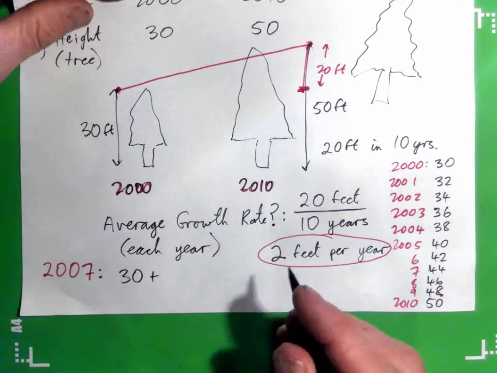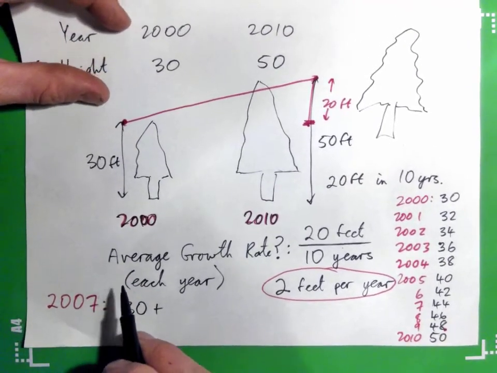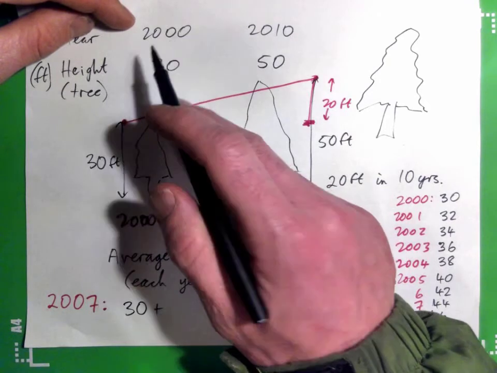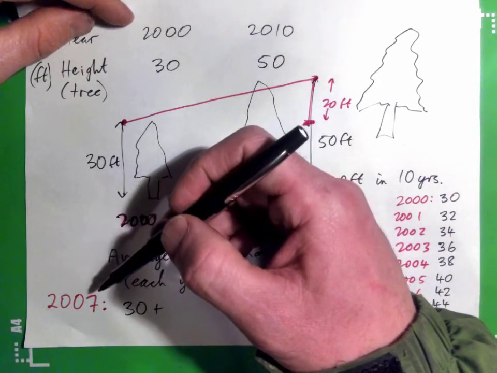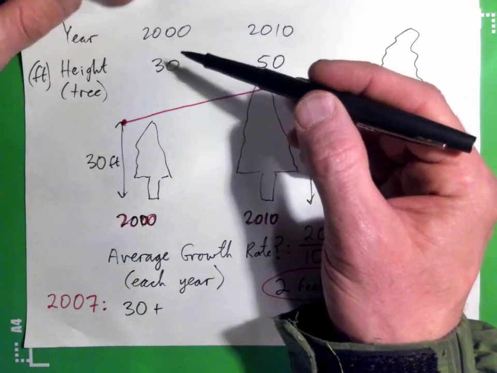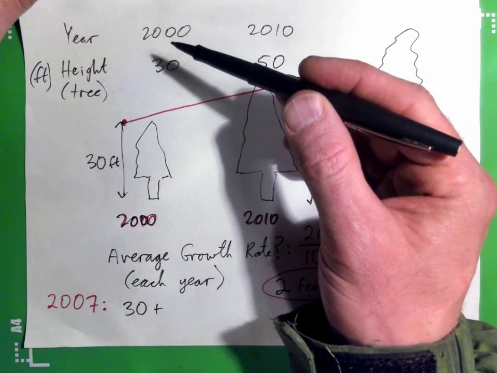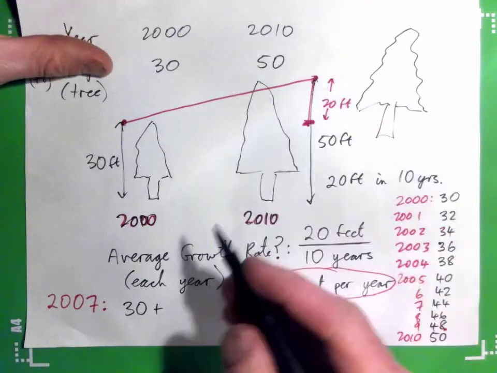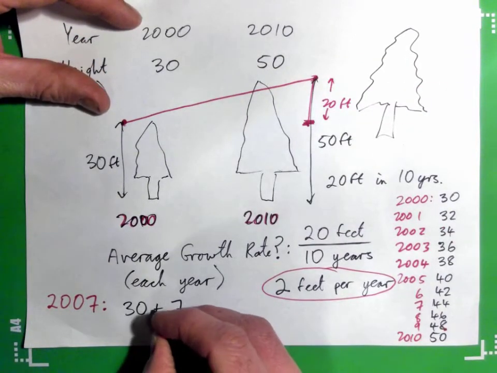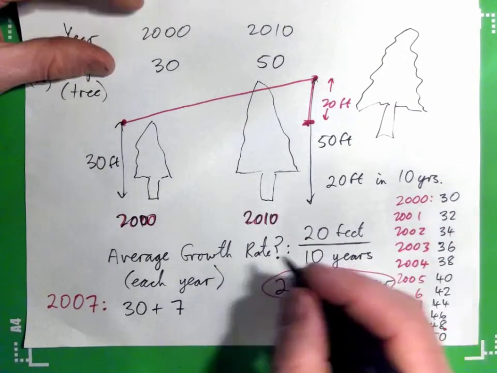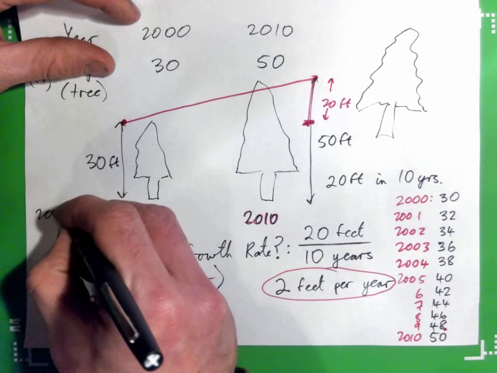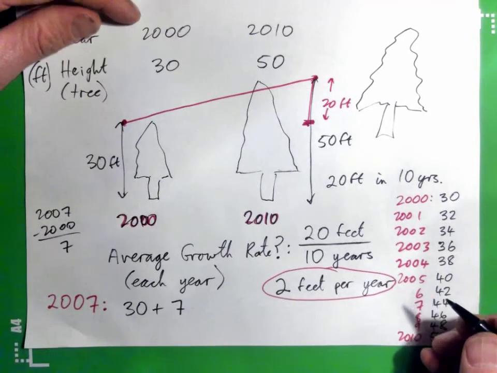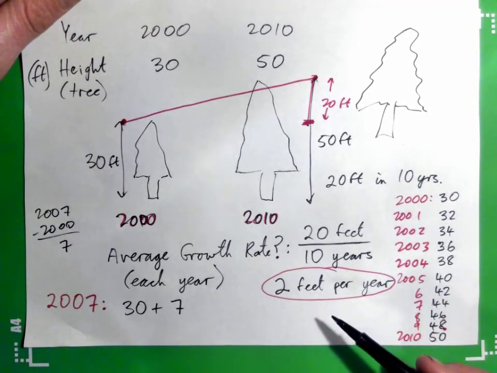But how many years past 2000 are we at? 2007 is how far away from the year 2000? 7 years. Yeah, because you just go, 2007 minus 2000 to get 7, right? Okay, and it's a growth rate of 2 feet per year, right?